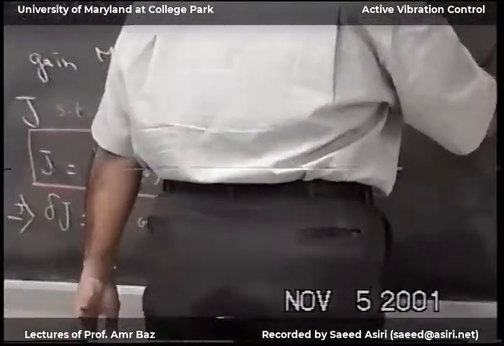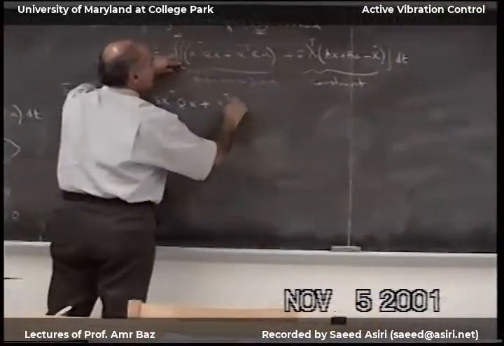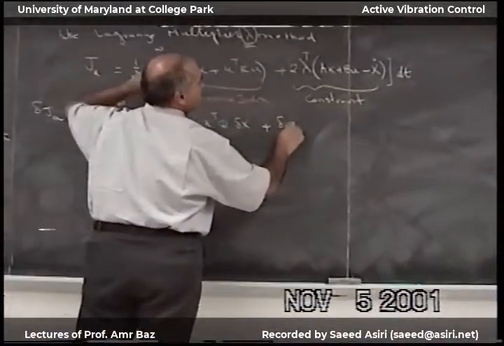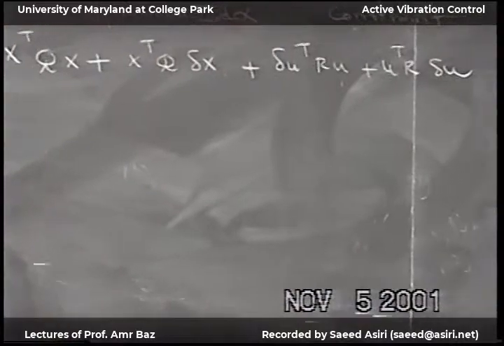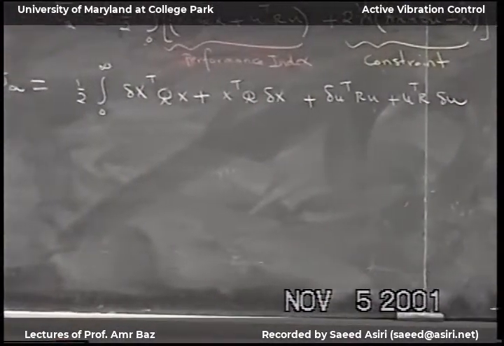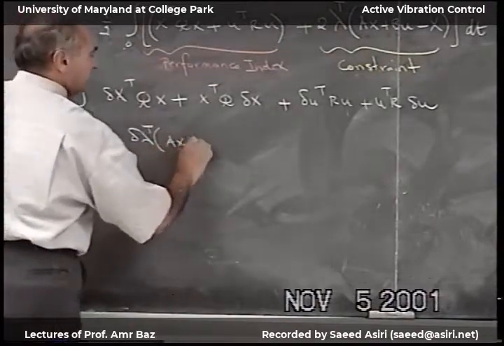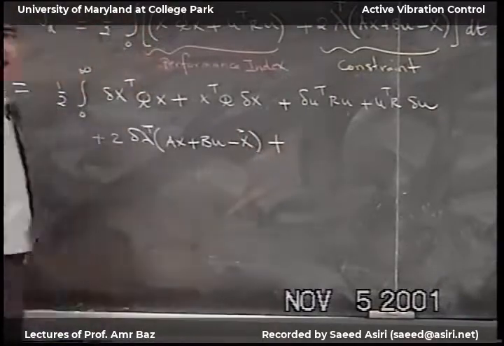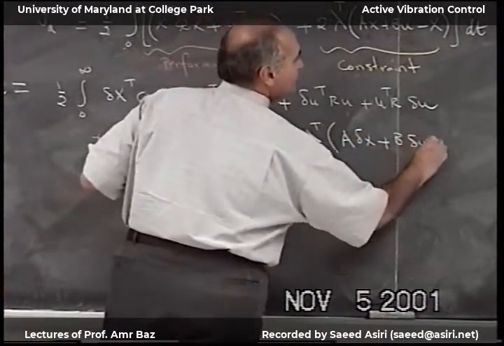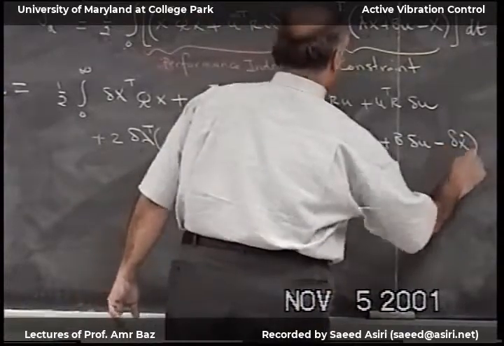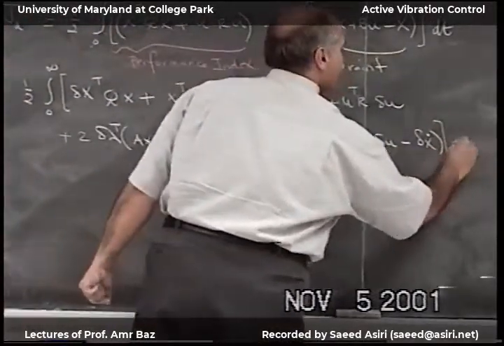So this will be 1/2, then this will be del X transpose QX plus X transpose Q del X, and the same here, del U transpose R U, U transpose R del U. Okay, and then plus 2 del lambda transpose times AX plus BU minus X dot, plus 2 lambda transpose A del X plus B del U minus del X dot, delta T.